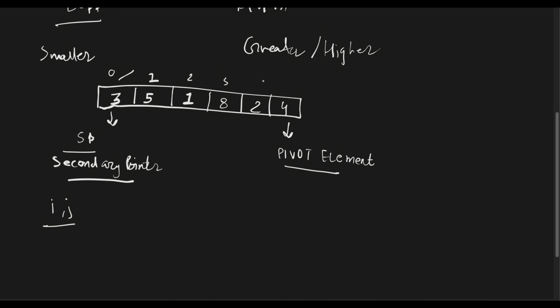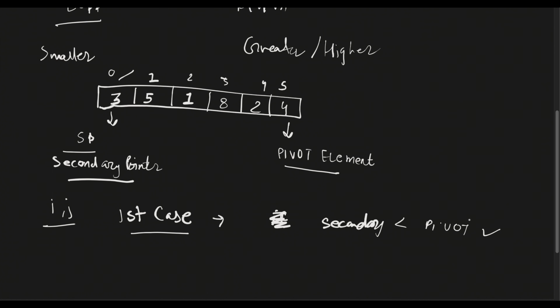Let me also write the indexes up here. In my first case I will compare with my pivot. So the condition would be: if secondary is less than pivot, and this condition is true, then make a swap.